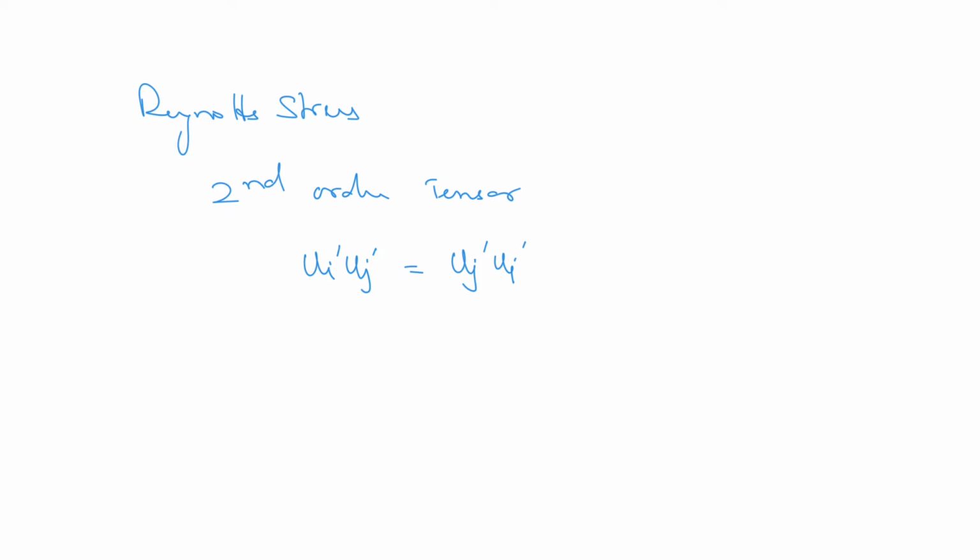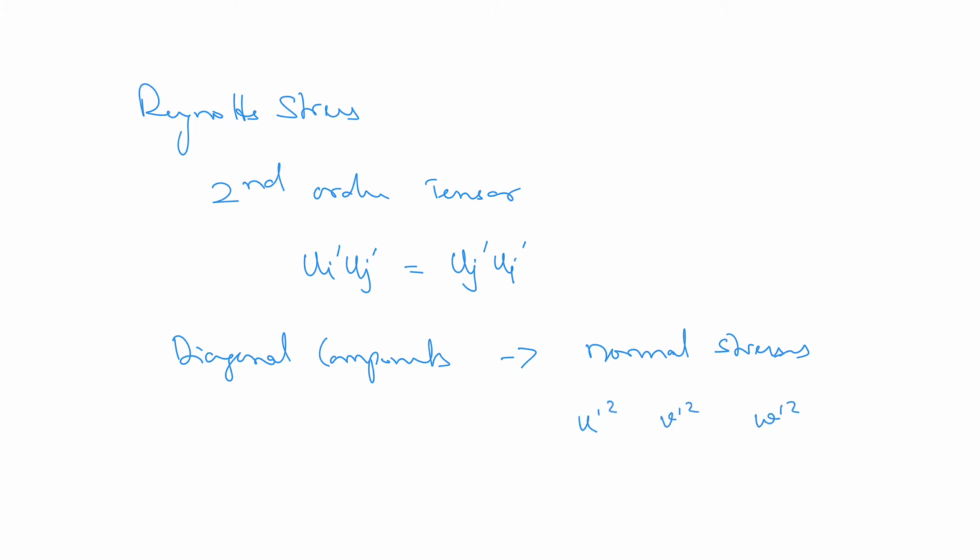In this tensor, the diagonal components represent normal stresses, wherein you find u dash square, v dash square, w dash square.